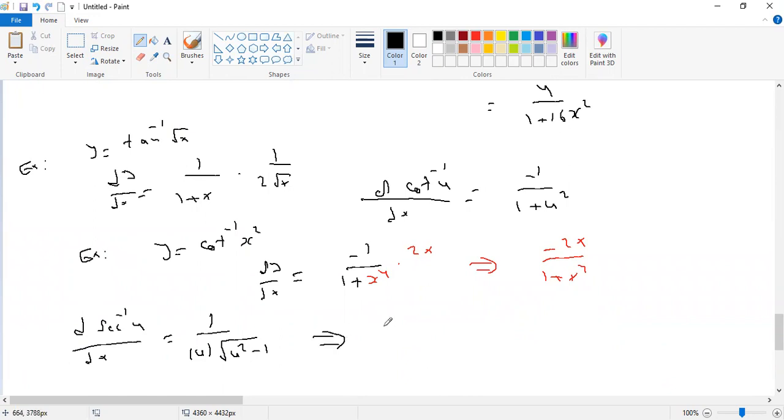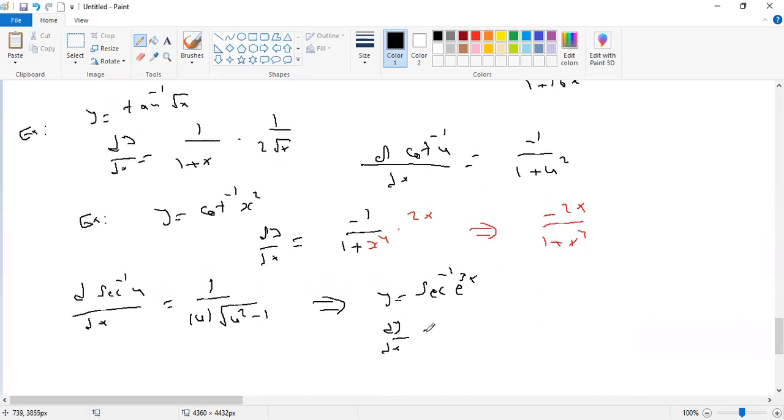For example, if y is secant inverse of e to the power 3x, then dy/dx equals 1 over the absolute value, no need here because e is always positive, multiplied by the square root of u squared. So we have e to the 3x squared, which is e to the power 6x, since 2 times 3 is 6.